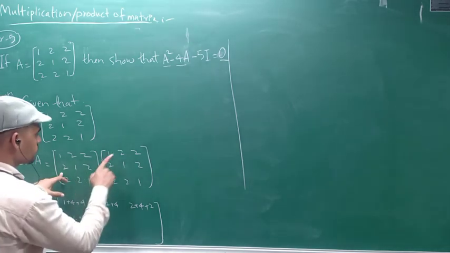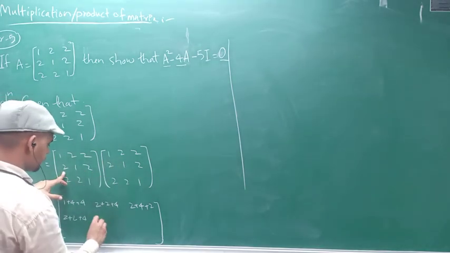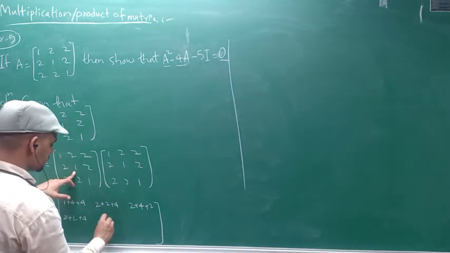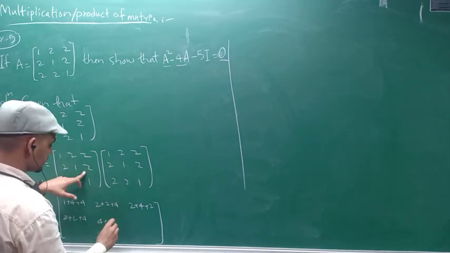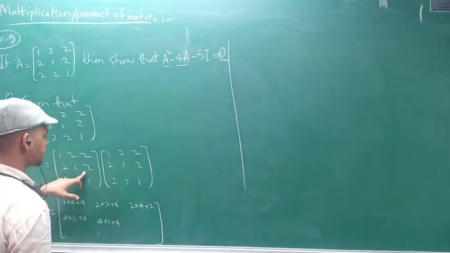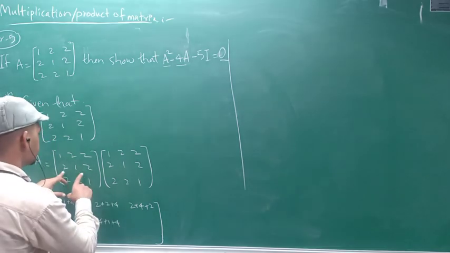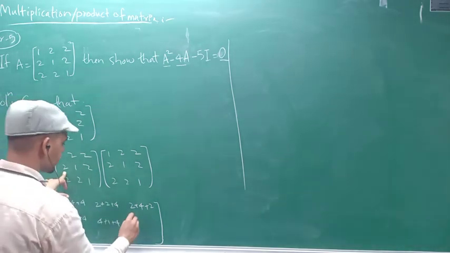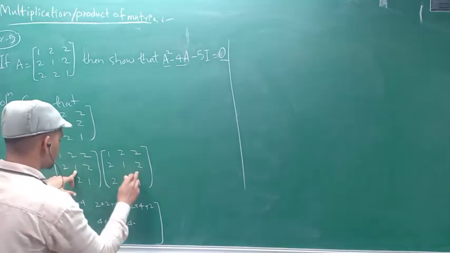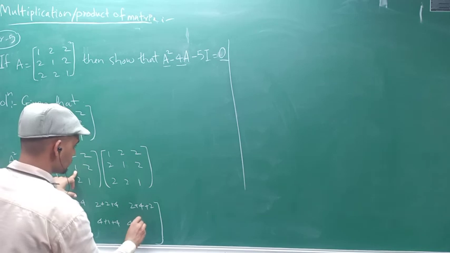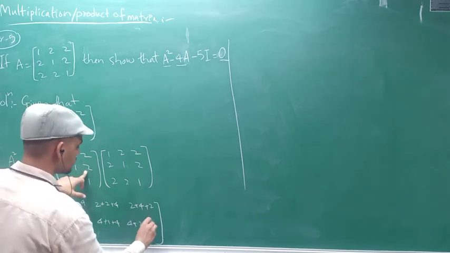Now second row, second column: 4, 1, then again 4. Then second row, third column: 4, 2 twos are 4, 2 ones are 2, 2 ones are 2.